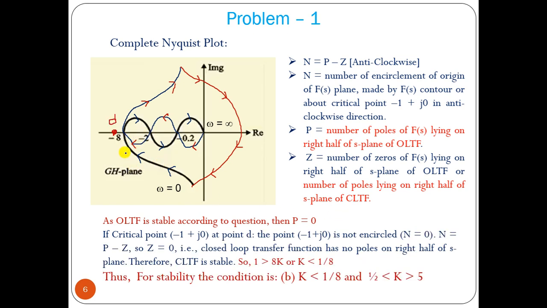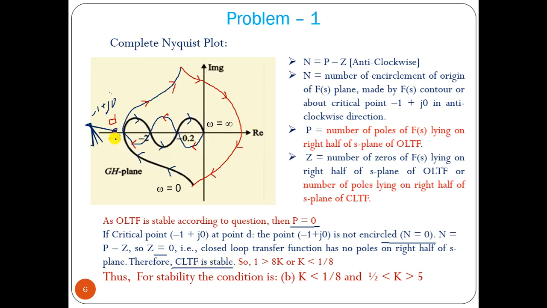Then if you take another point D, which is outside the Nyquist plot, that means there is no encirclement. So N equal to 0, there is no encirclement of this point minus 1 plus j0. If we assume this point at D location, N equal to 0, and we know P equal to 0, so Z is 0. So the closed loop transfer function becomes stable.